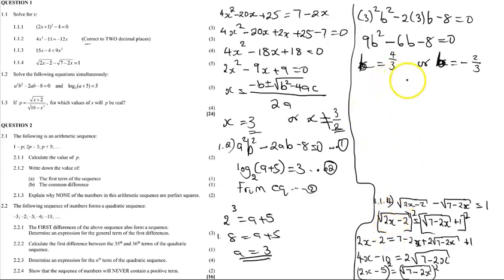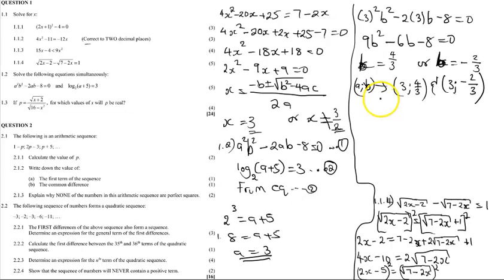Okay, we can actually just write the answers there as A and B are 3 and 4 over 3. The other one is with the same A, right? So you can just write the 3 again there. And then the B is negative 2 over 3.